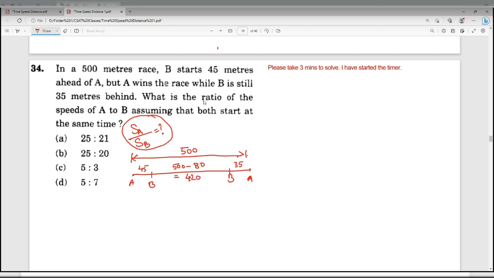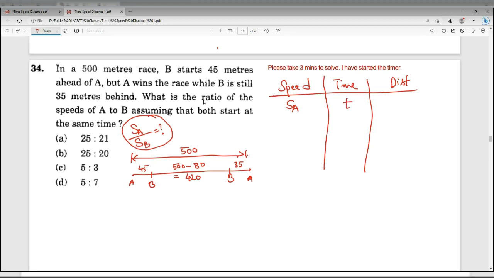And let us set up the chart here. This is speed, time, distance. So we need the speed of A, let that be SA. And then we have time, let the time be T. And distance covered by A is the whole 500 meters.